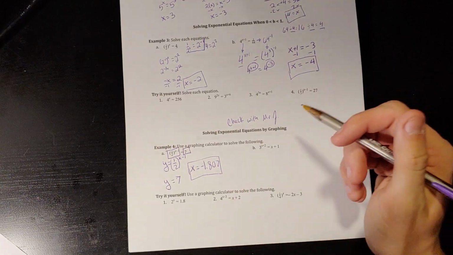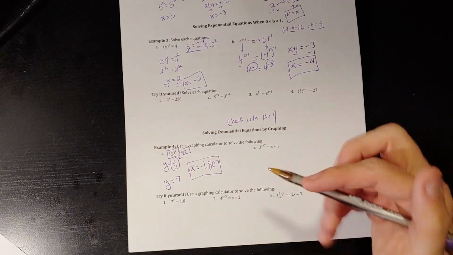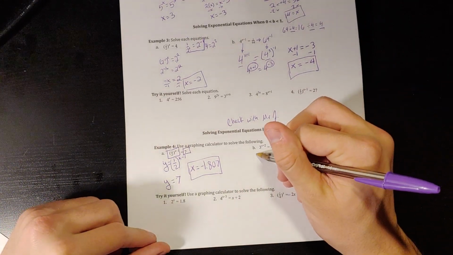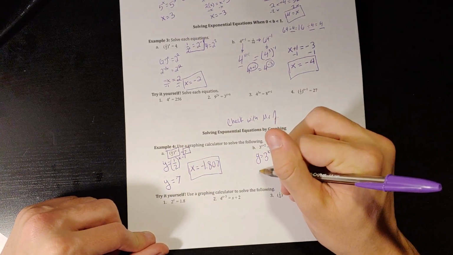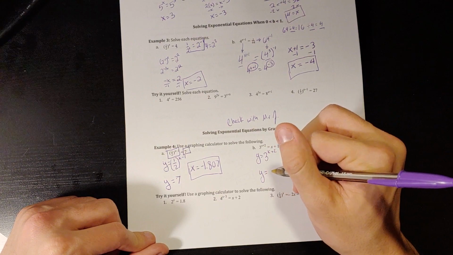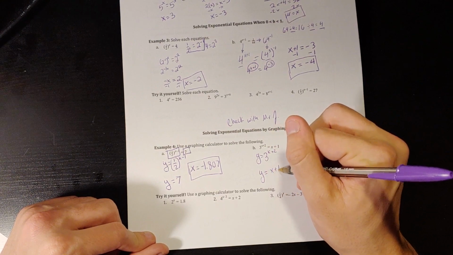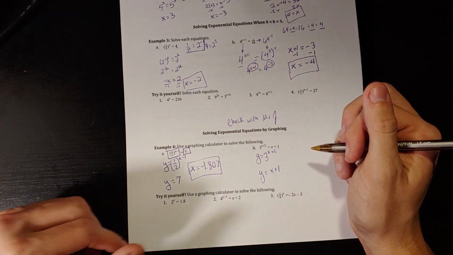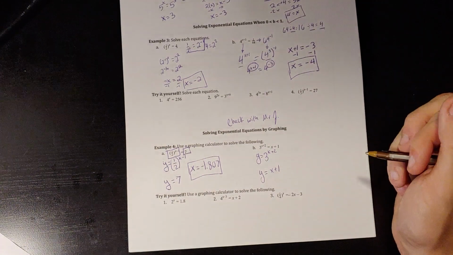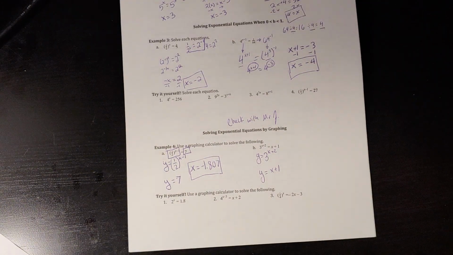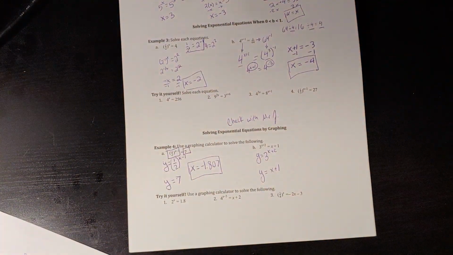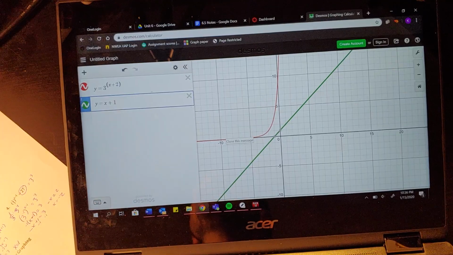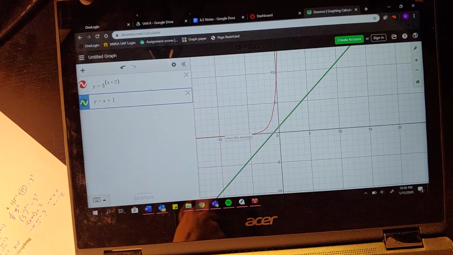So then for the next one, we're going to do the same thing. We're going to do y equals 3 to the power of x plus 2, and then y equals x plus 1. And we're going to plug those into our function lines on Desmos. So I went and I plugged them in. Still the same deal.